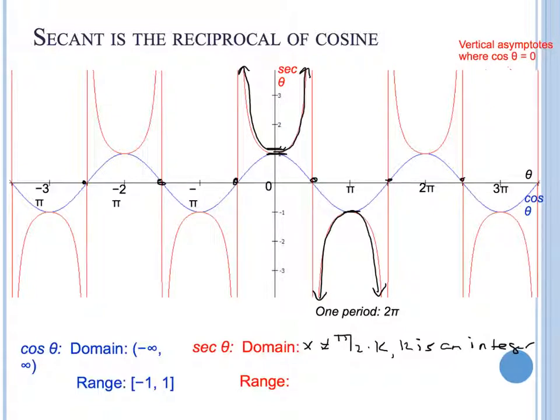The period of cosine is 2 pi, so the period of secant is 2 pi. My range, again, I have a lot of my graph below -1 and above 1, so I'm going from -infinity to -1 and from 1 to infinity.